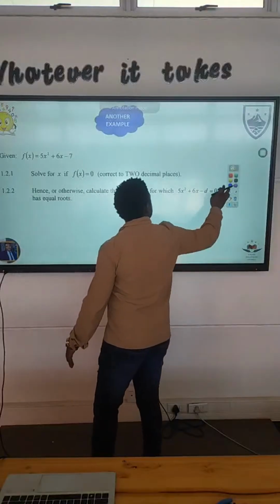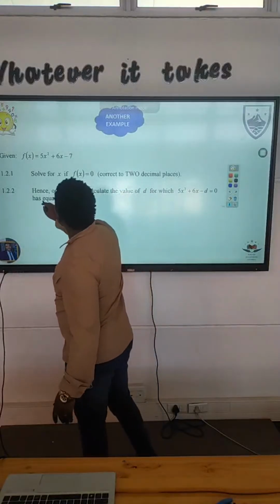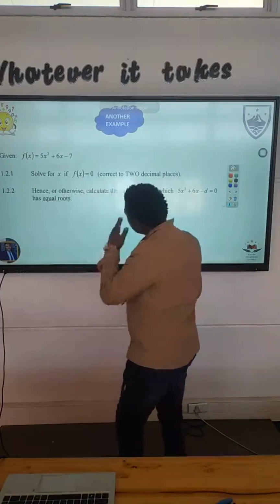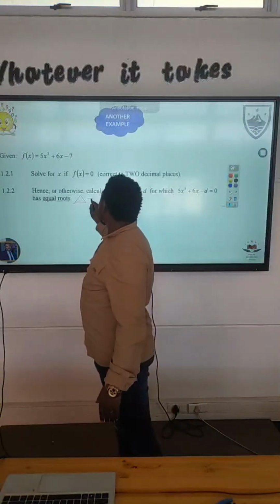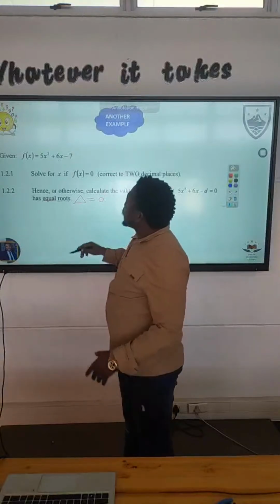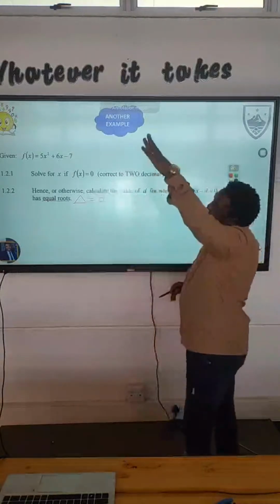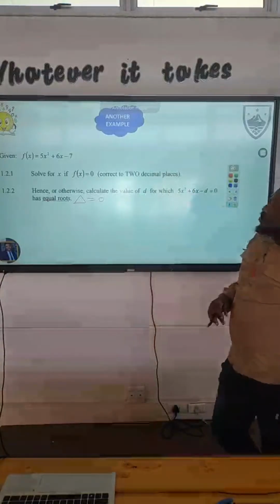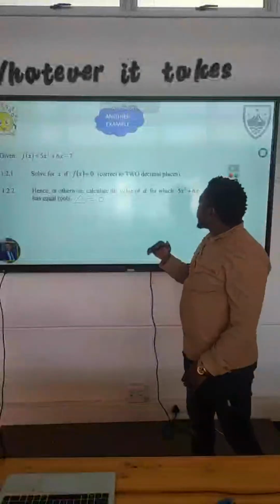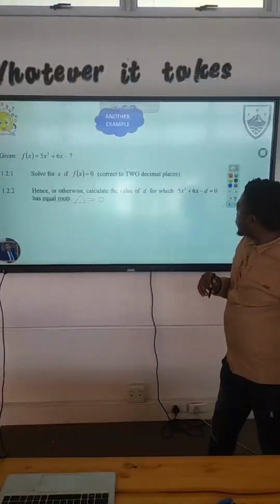If something has equal roots, it means the discriminant is equal to 0. So all that is left is negative b over 2a, the same as the turning point of the parabola. That is equal roots.